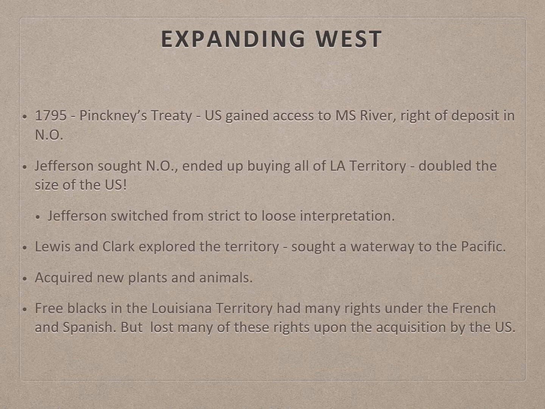Expeditionary teams are led by Lewis and Clark to explore this new territory to see if there's a waterway to get to the Pacific easier. They find that there isn't, but they also find lots of new plants and animals along the way. For free blacks who were living in the Louisiana Territory, they had a lot more rights under the French and even under the Spanish, but those rights disappeared when the United States gained control of the Louisiana Territory.